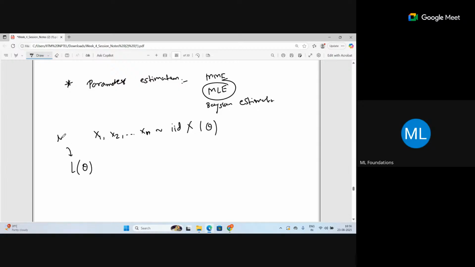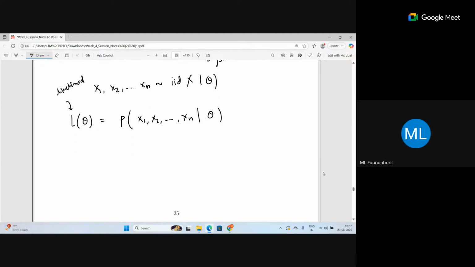This is called likelihood. Basically, it is the probability of observing this sample x1, x2 to xn, given the parameter theta. So, given that parameter theta, what is the probability that this sample you can see, right?